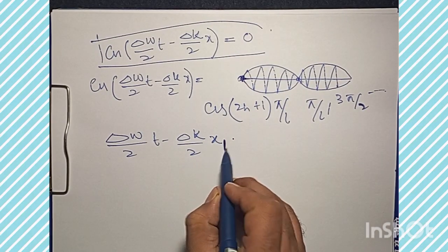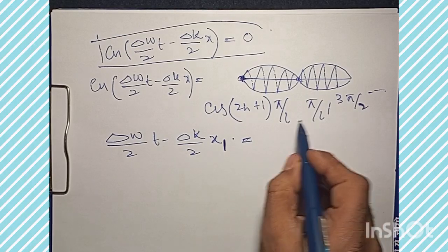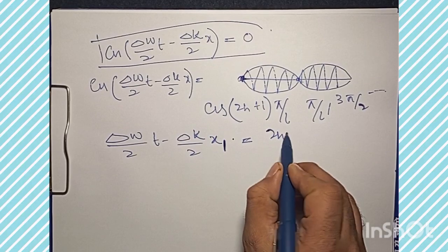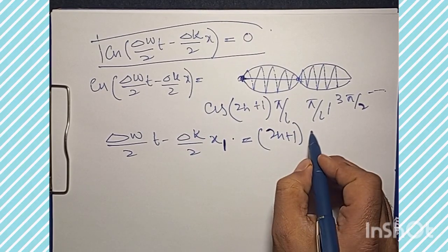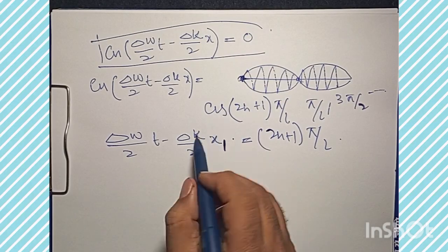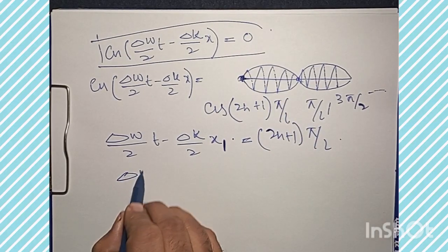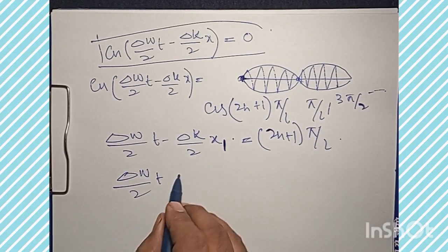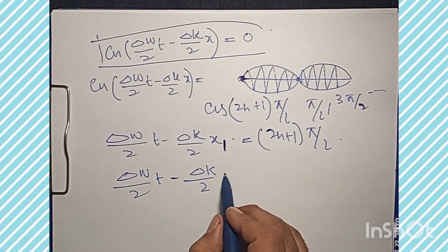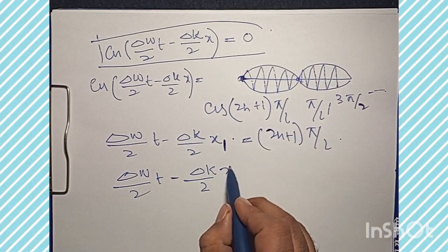So if I use x1 here, I can think of this as equal to (2n plus 1) times pi by 2. Right? Now I'll have another equation for another node, delta omega by 2 t minus delta k by 2, for which the position will be x2.